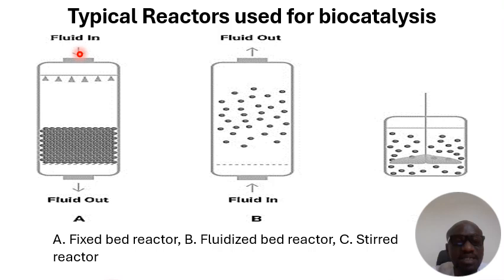You can see it allows fluid to enter from the top and flow down through the beds. Now, the advantage in this process is that it allows high enzyme loading capacity, and it is very suitable for continuous operation whereby the substrates are continuously loaded from the top, and it ensures minimal enzyme washout.